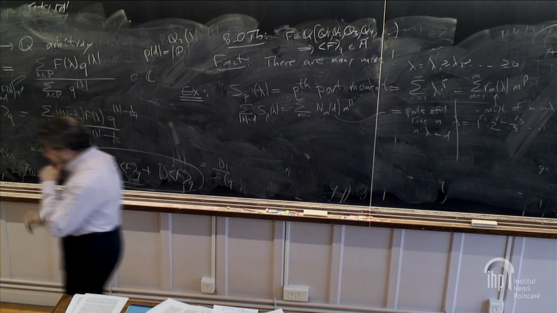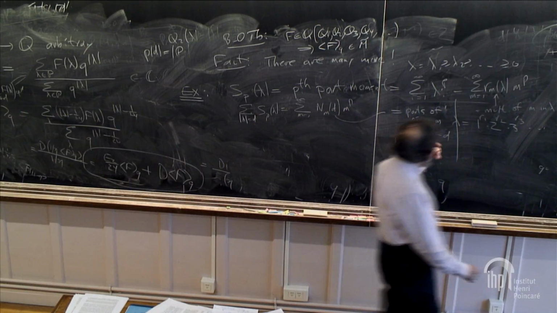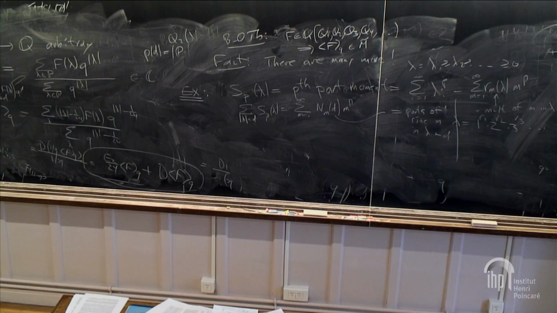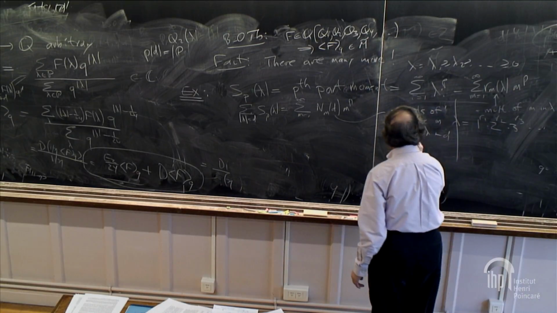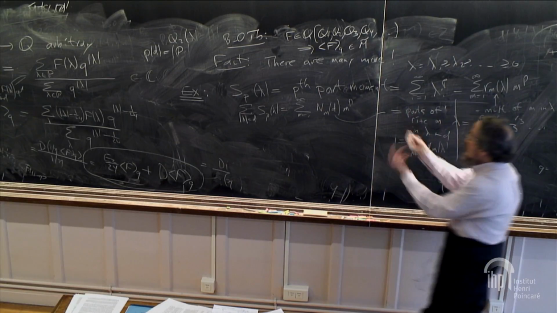So you take all partitions of d and you look how many times, for instance, 5 occurs. And if 5 doesn't occur, you don't count it. But if 5 occurs as a part 3 times, you count it 3 times. So you count partitions according to the number of times they take m. So in other words, this is the sum over lambda partition of d of R_m of lambda. I'm just putting things in a different order.